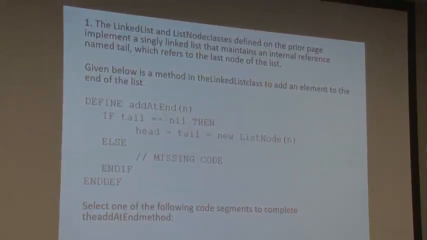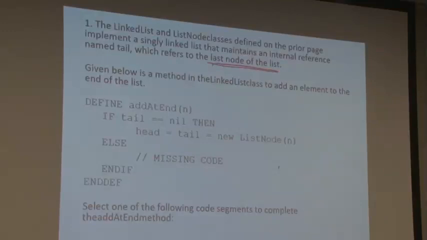Here we say, okay, here's a method in the linked list class. We want to be able to add an element to the end of the list. We specifically tell them this has a reference to the last node in the list as well as the front node of the list. Now we want you to fill in this missing code right here.